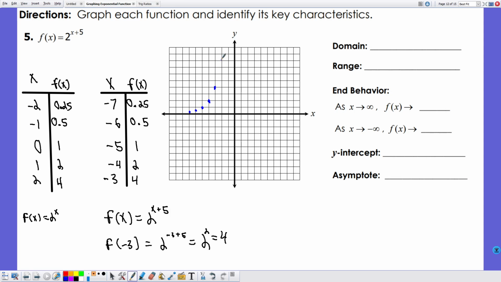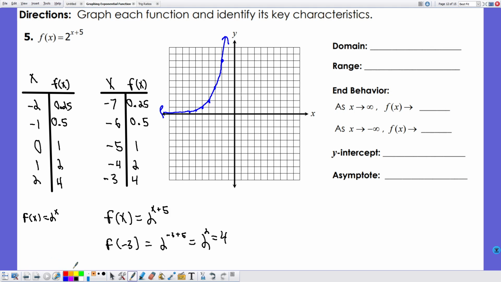At -2, we're going to be at 8. And this is our new function, something that looks like this. Again, just shifted over 5 spaces to the left.